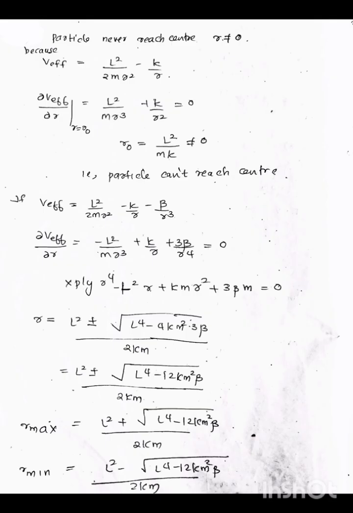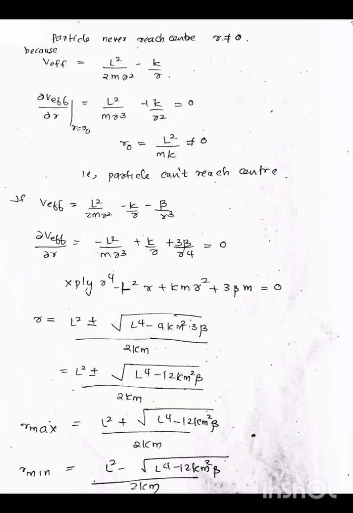So if V effective is equal to L² by 2mr² minus k by r minus β by r³, that is here the V is modified, and if this is the new V effective, we can write ∂V effective by ∂r is equal to minus L² by mr³ plus k by r² plus 3β by r⁴ equal to 0.